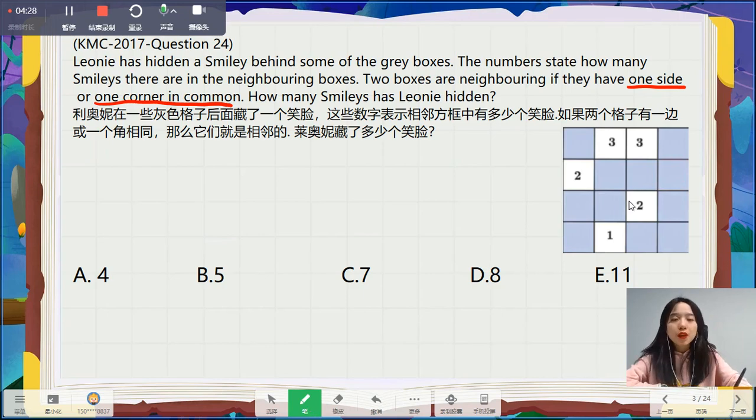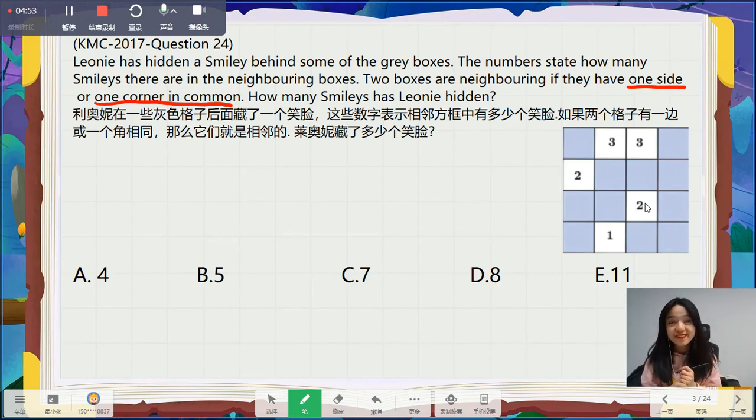So here, let's see, where do we start? We have 5 white boxes. That means, and 1 means, there is only one neighboring box that has a smiley behind it. And 2 means, among its neighboring boxes, there are 2 smileys. Do you think we should start with the smaller number or the larger number?